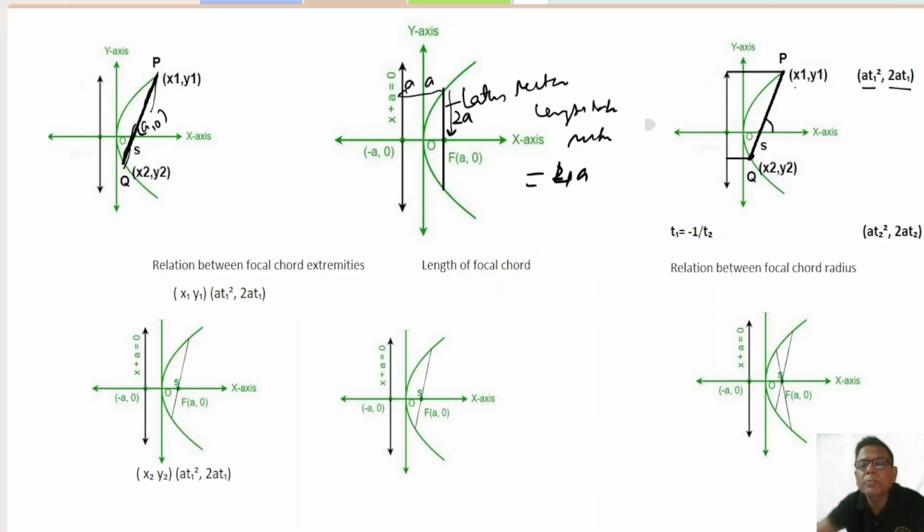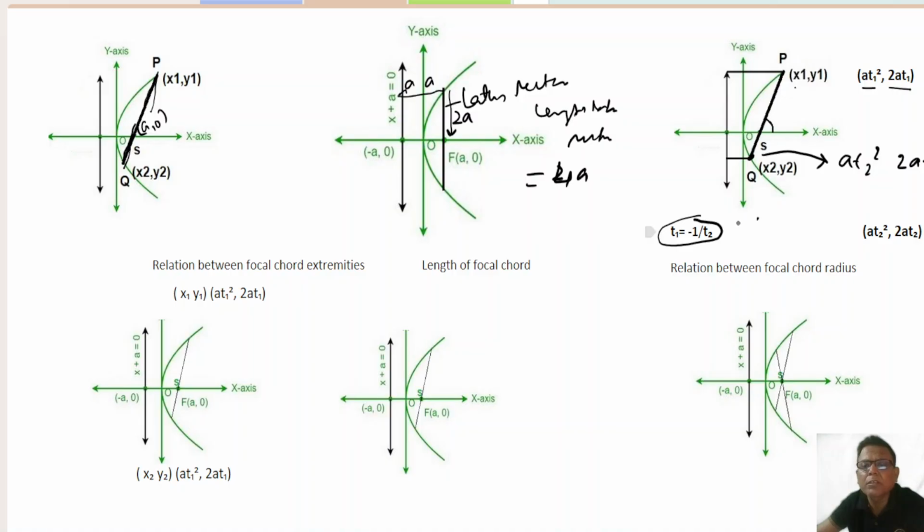What will be the coordinate of this other point? Suppose it is (a t2 square, 2a t2). Then t1 is equal to minus 1 by t2. This is the relation between the extremities.